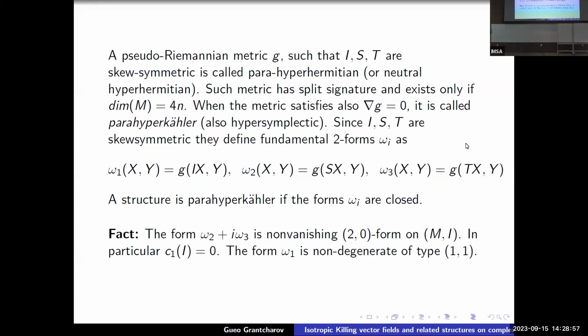In particular, if you go over a manifold and assume these structures, what we get is a non-vanishing (2,0) form. I'm talking about 4 dimensions. Here it's actually 4, so that n is 1.